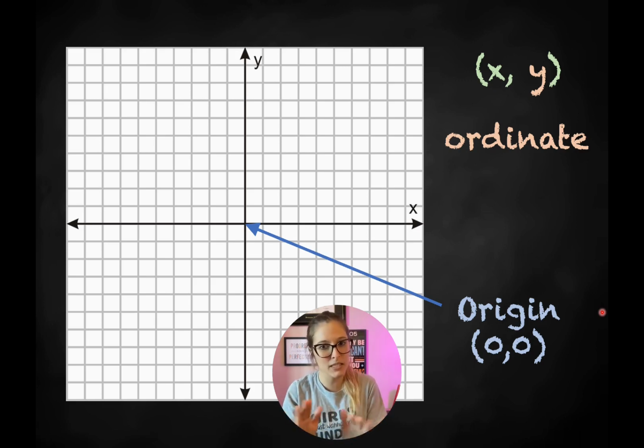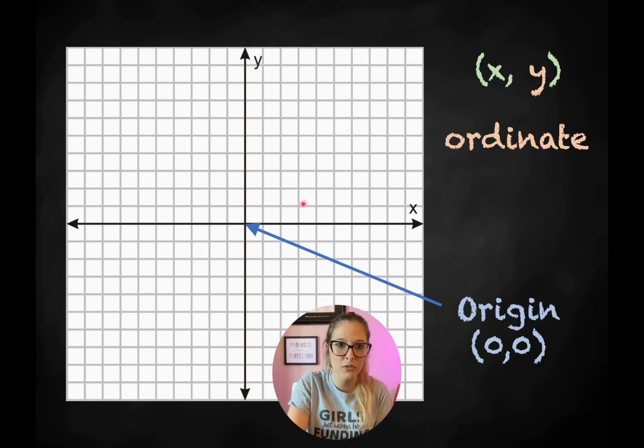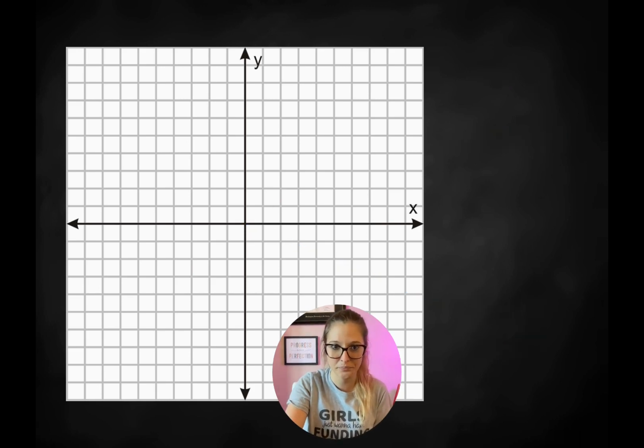We move horizontally along the x-axis based on the abscissa value, and then vertically along the y-axis based on the ordinate value. Positive values indicate moving up for y or right for x. Negative values indicate moving down for y or left for x.